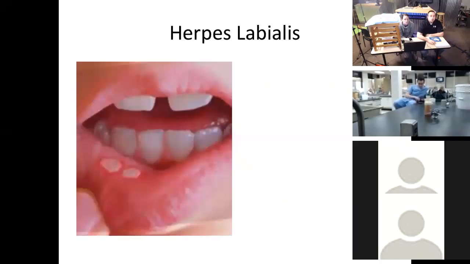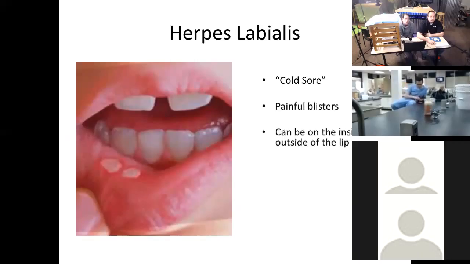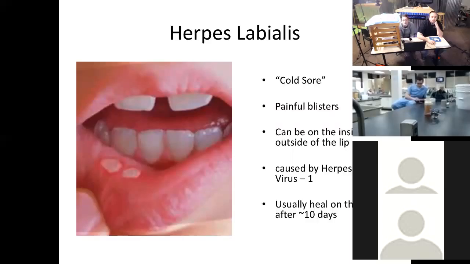Another clinical correlation is herpes labialis, better known as the common cold sore. It's a compilation of painful blisters that can be either on the inside or the outside of the lips, and it's caused by the herpes simplex virus type 1. It's very common and can affect up to 50% of the population at any time.